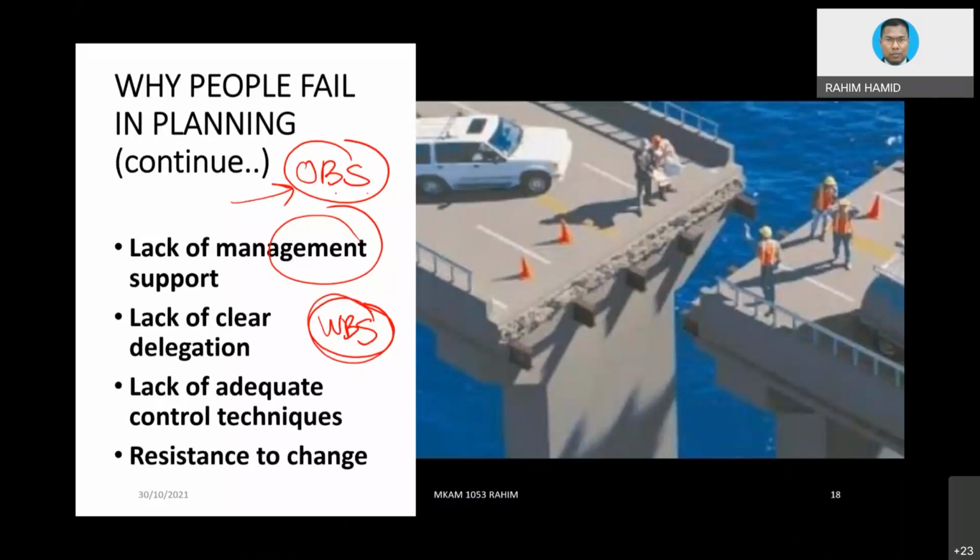Superstructure is anything above ground. What else? Columns, wall, beam, etc., until the end, the one where you can see the building there. And then external work. External work is basically the work outside of the building that could comprise landscaping, parking, road, drainage, fences, etc. That is an example of a WBS.